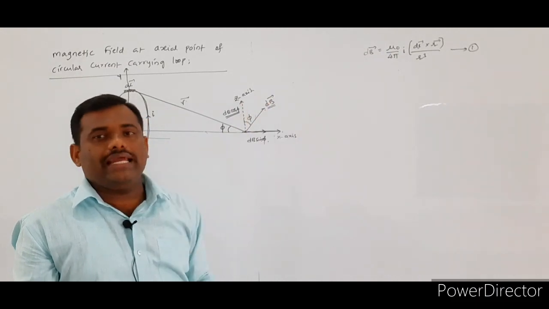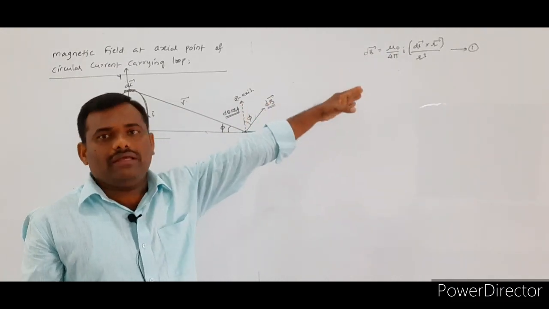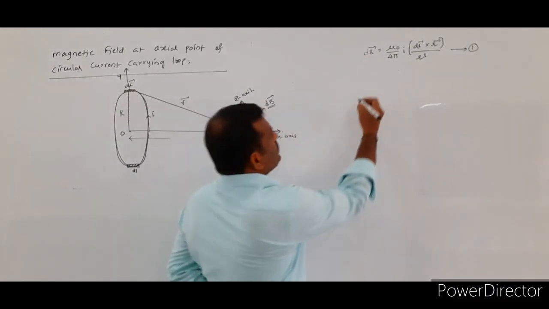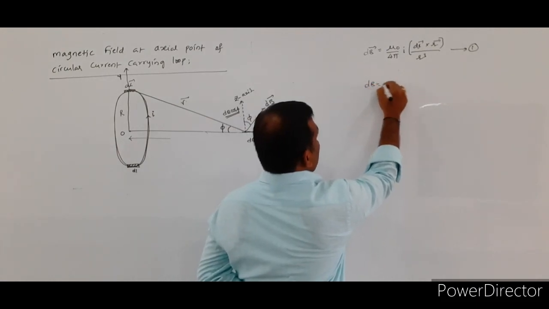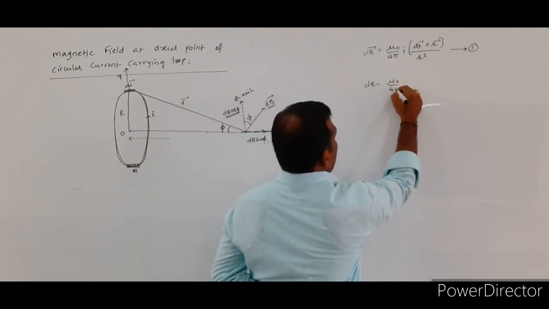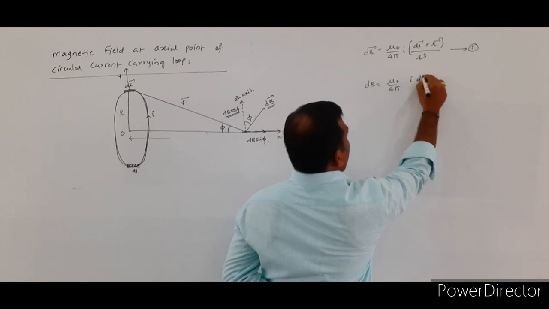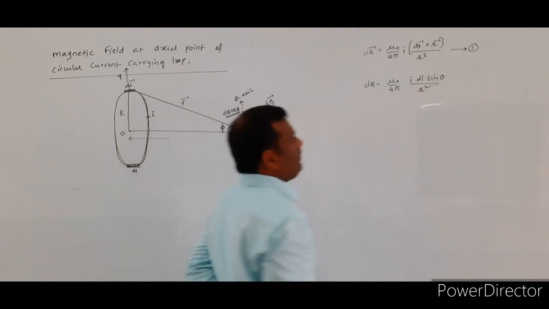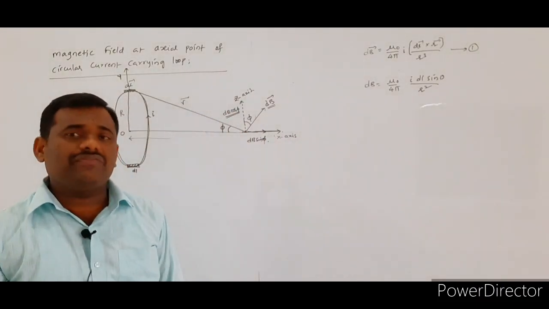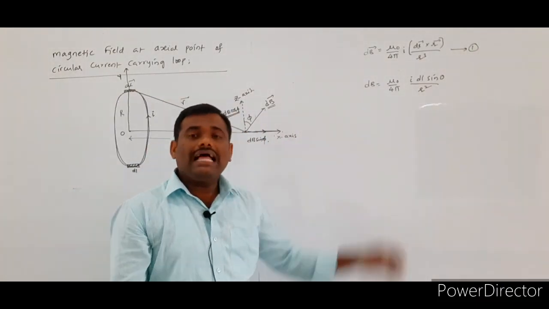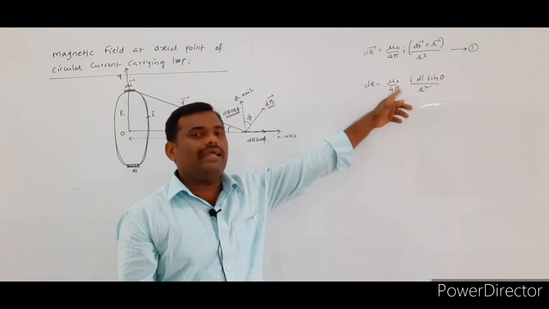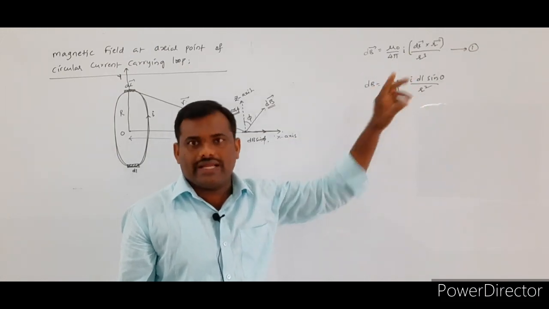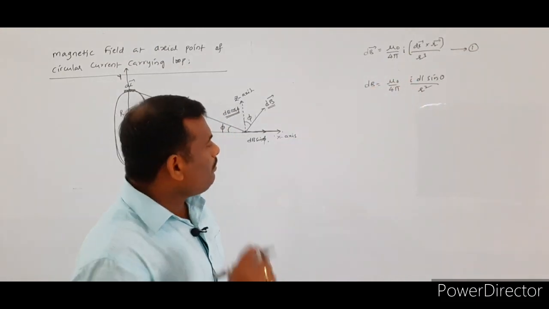Now I want to calculate the magnitude of the dB value. The magnitude of dB is equal to mu naught by 4 pi I dl sin theta by r square. dB value is equal to how much? The basic equation for the Biot-Savart law, dB is equal to mu naught by 4 pi I dl sin theta by r square.